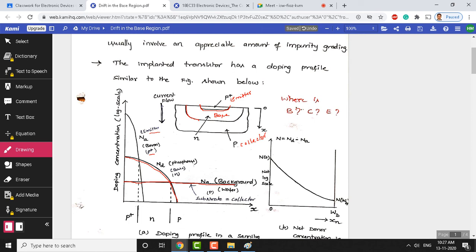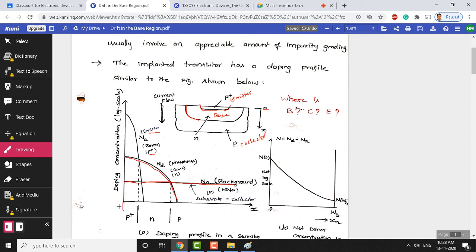The y axis shows you the doping concentration, which is represented in log scale here, and the x axis is nothing but distance. In our actual structure, when we move from the emitter deeper into the collector, that shows the distance. The x value is 0 at the emitter, and if you look at the graph here, this is our x axis starting point.